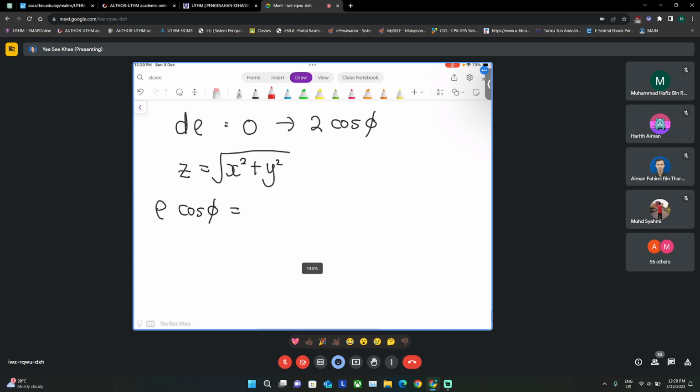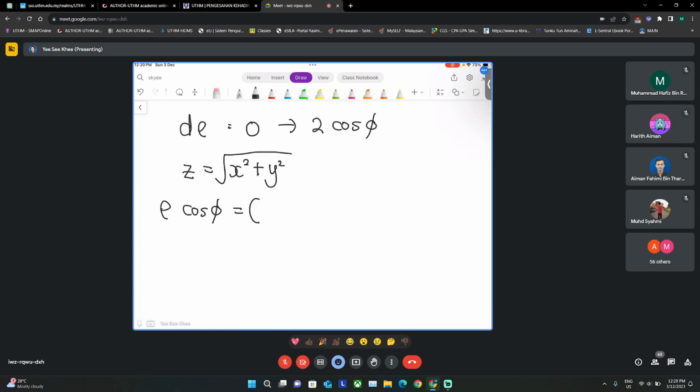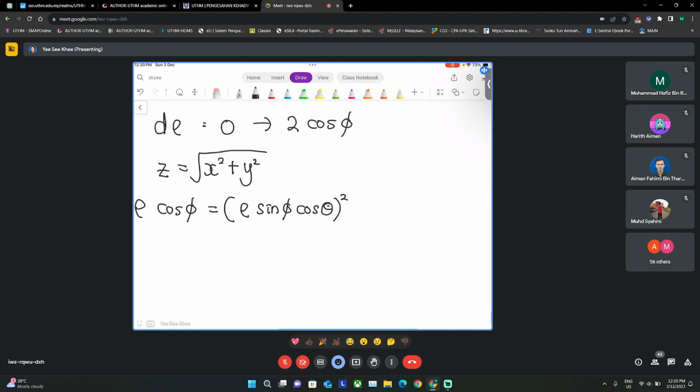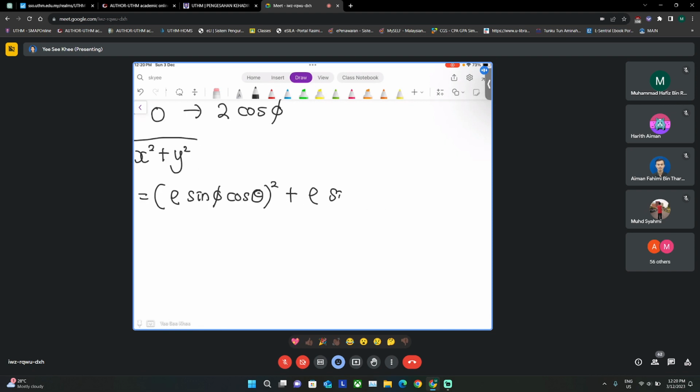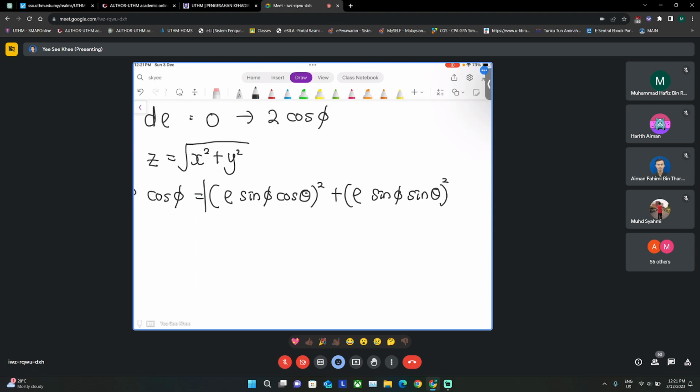So x squared will be equal to rho sine phi cos theta, squared, to represent the x squared. And for the y, it will be rho sine phi sine theta, squared, and then the square root.